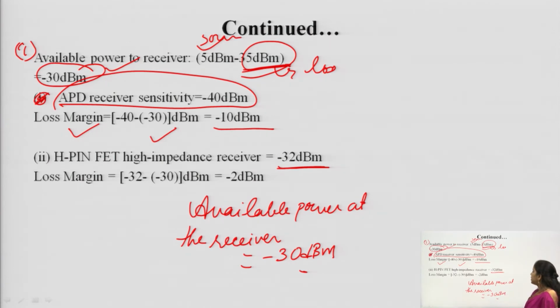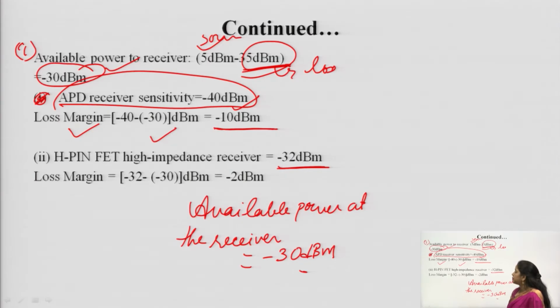This is the available power at the receiver, which is the same for both cases. For the APD receiver, the sensitivity is minus 40 dBm. The loss margin is calculated as receiver sensitivity minus available power at the receiver. So, minus 40 minus minus 30 will be equal to minus 10 dB.